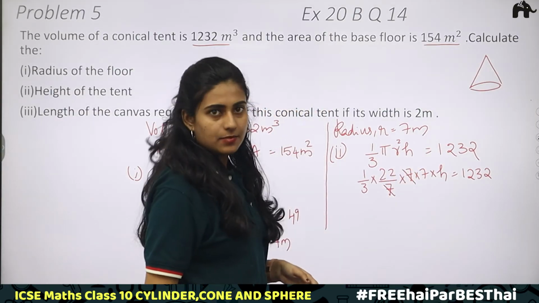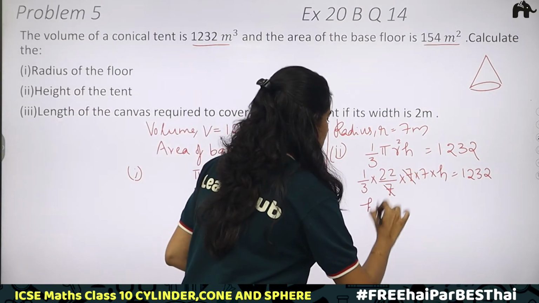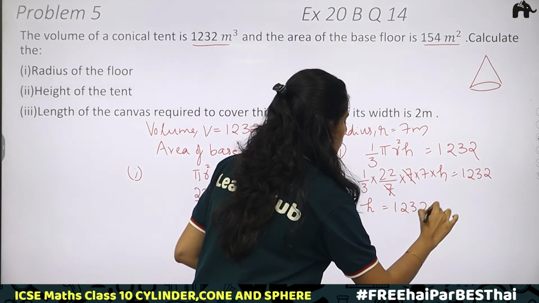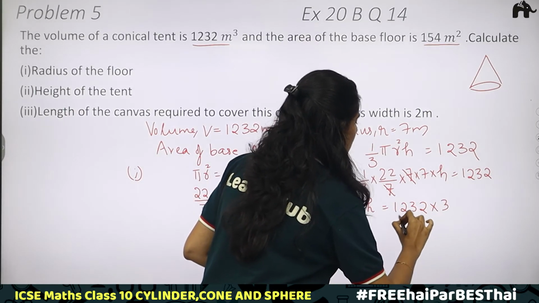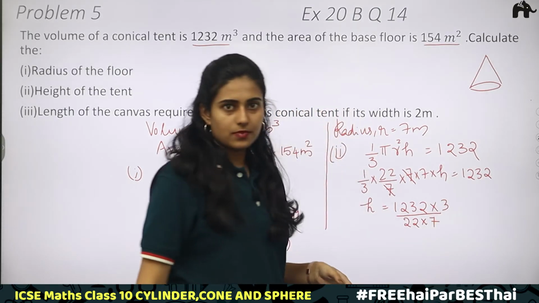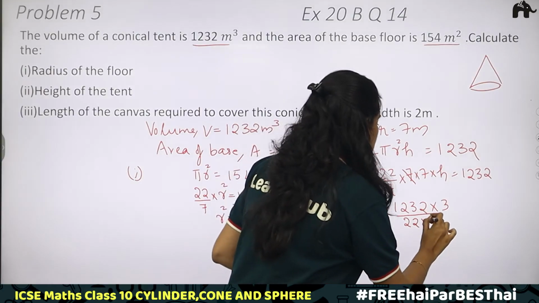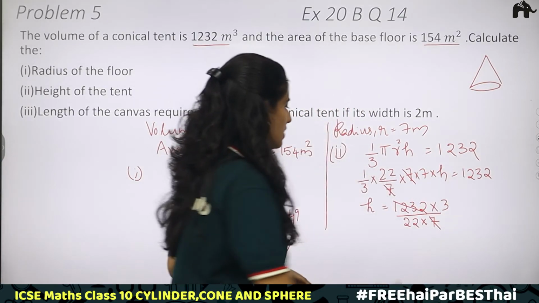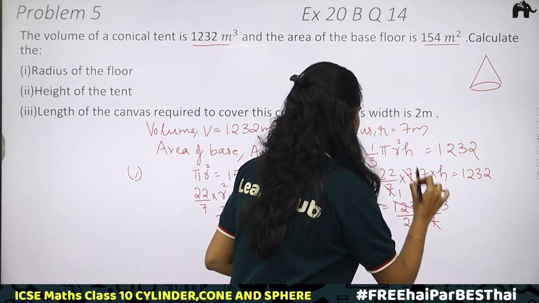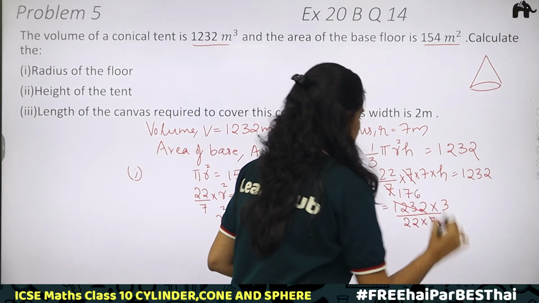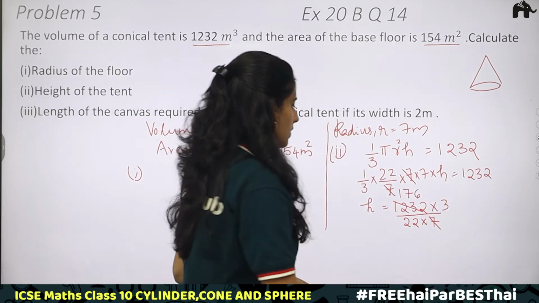7 gets cancelled. Then height h is equal to 1232 into 3 divided by 22 into 7. Okay. 7 and 1232 can be cancelled. We will be getting 176. Okay.